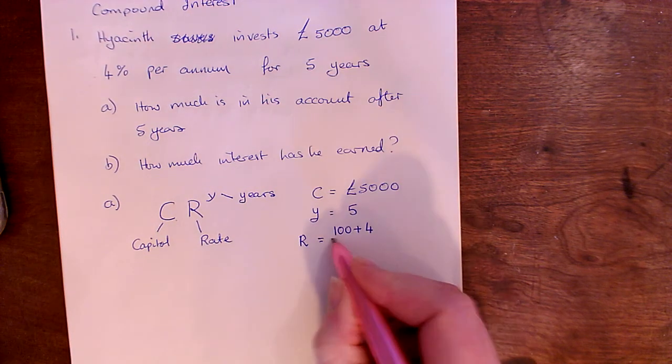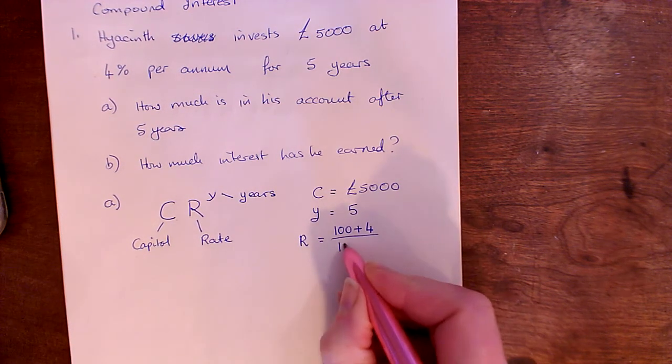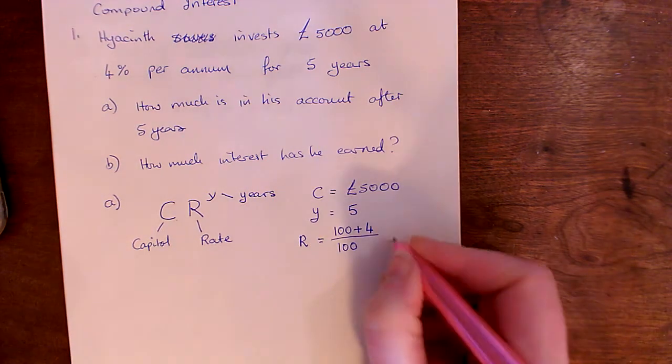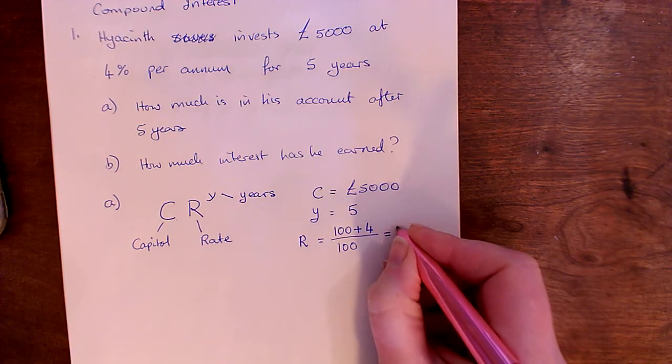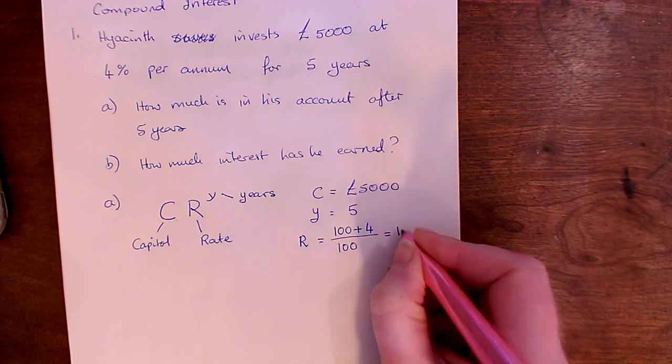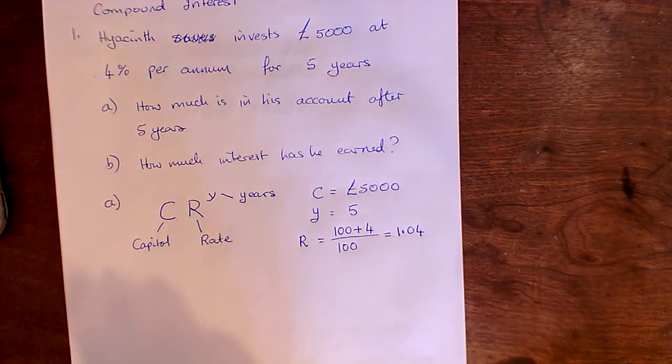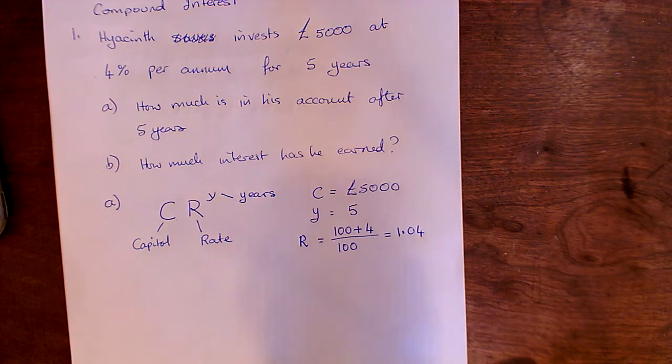Now that is a percentage, so we need to make sure we recognise that, so divided by 100. If you do that, you get 104 over 100, which is 1.04. So that's your rate: 100% to start with, then look at what's happening. In this case it's increasing, so we're adding on the 4%, divide by 100 because it's a percentage and we want it as a decimal. And that gives us 1.04.